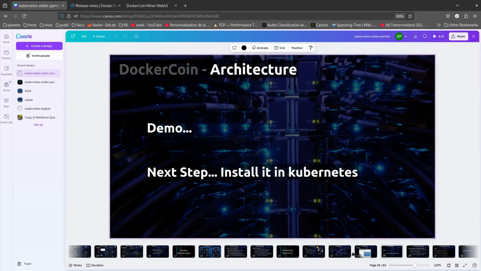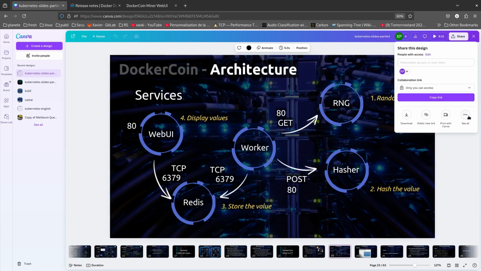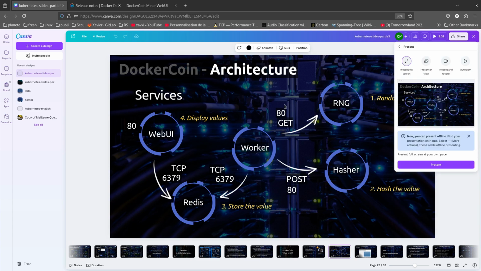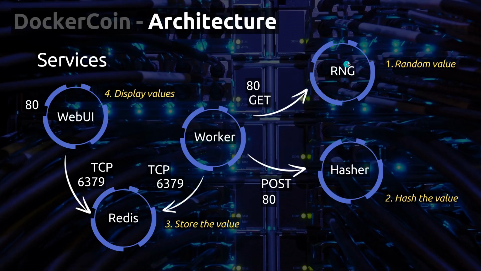So now the purpose: take a break, take all the elements inside the Docker Compose file, have a look at this architecture, and try to do that. I can give you some elements. For each component, you need a deployment: one for RNG, one for hasher, for worker, for Redis, for web UI.